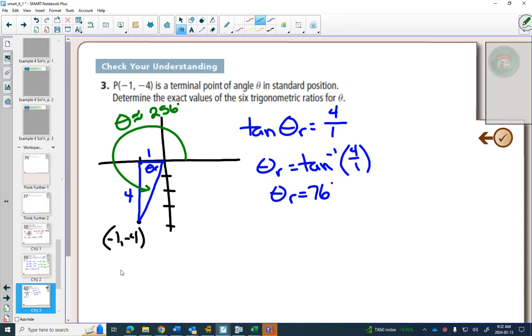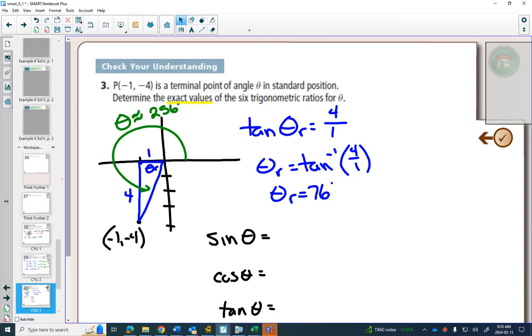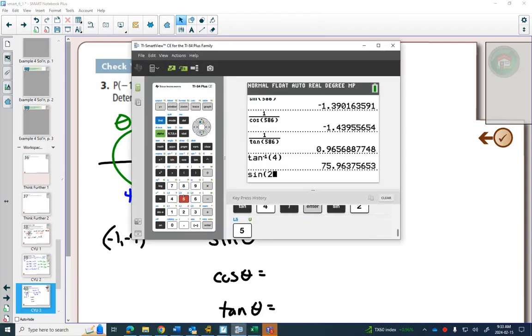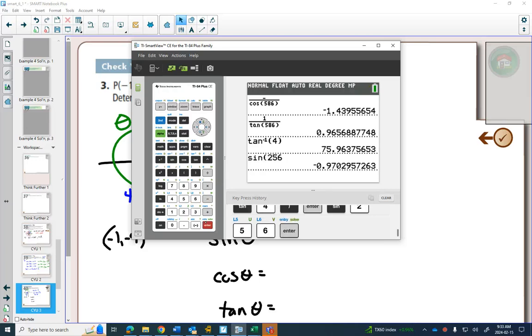And this question wants us to find the exact values of all 6 trig ratios. So it wants us to find sine of theta, cos of theta, and tan of theta. But this word right here, exact, is going to cause us problems. If I do sine of 256 on my calculator, what's the problem with that answer?